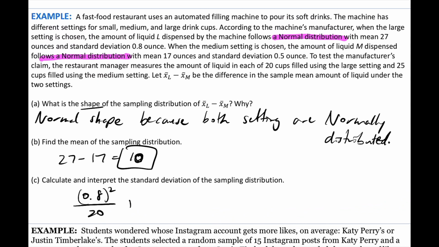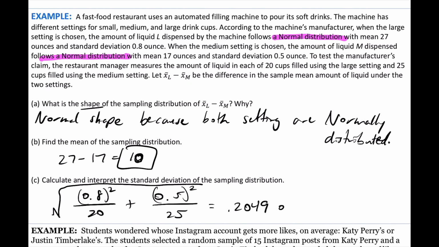Plus 0.5 squared over 25, square root. That gives 0.2049, rounding up, ounces. Okay. How do I interpret that?